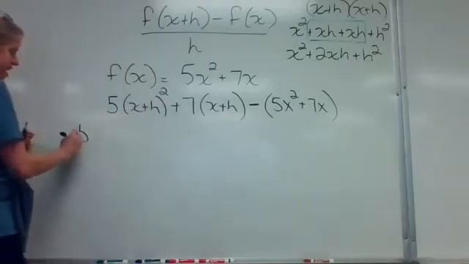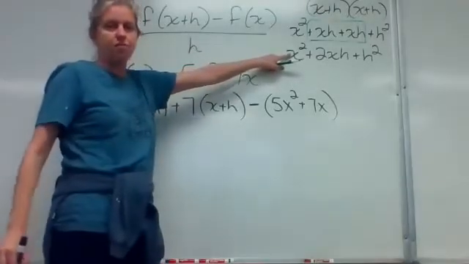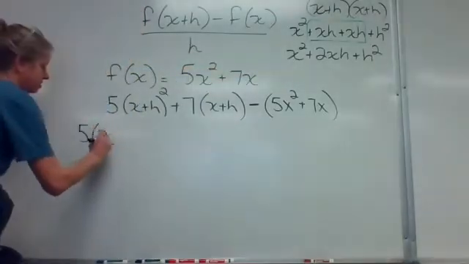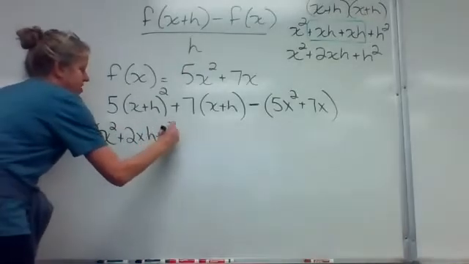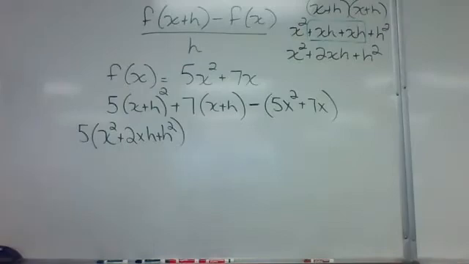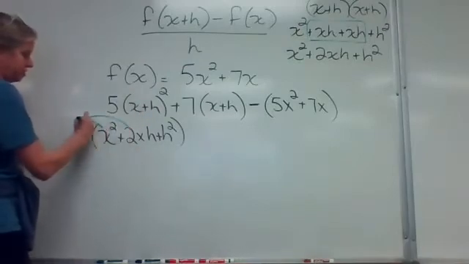So I'm just going to bring down that 5. X plus h squared, just did that over here. So I have x squared plus 2xh plus h squared. So now to get rid of these parentheses, I'll distribute this 5.